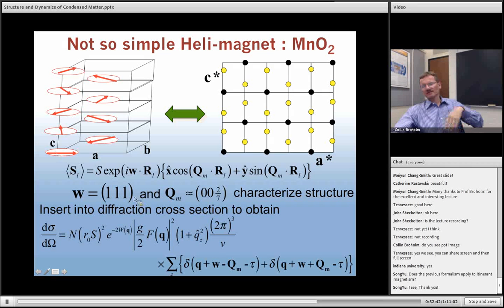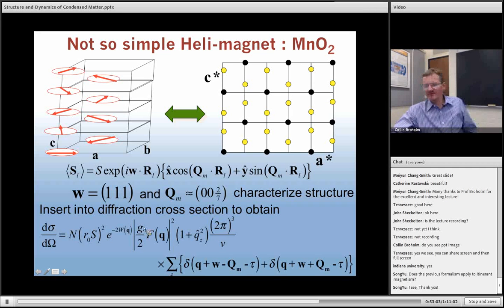Now you can see what's happening is that as I mentioned, it's always the projection of the spin density onto the normal plane to the wave vector transfer. And this projection becomes larger and larger as my wave vector transfer is oriented more and more along the C direction. So those are the key features.